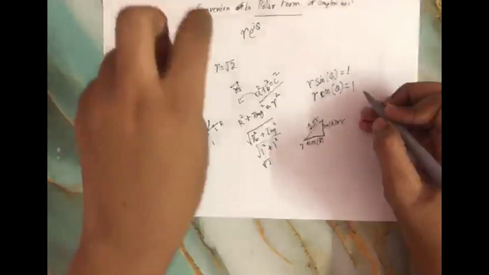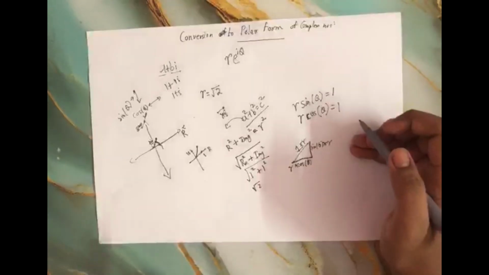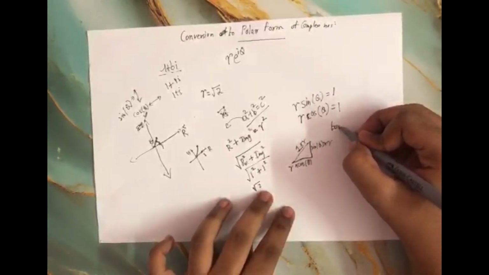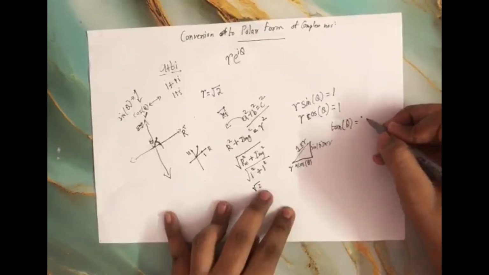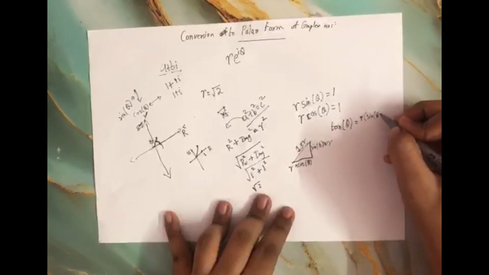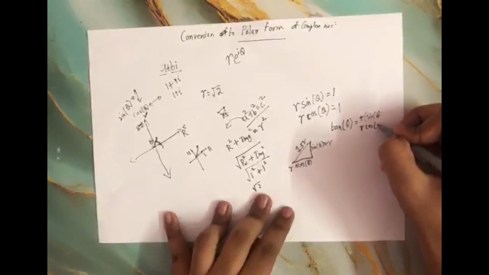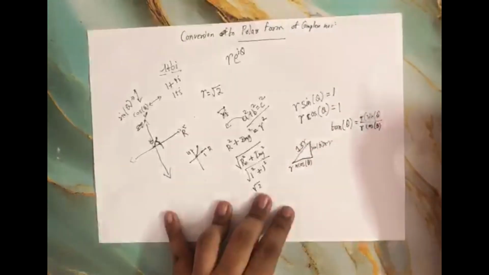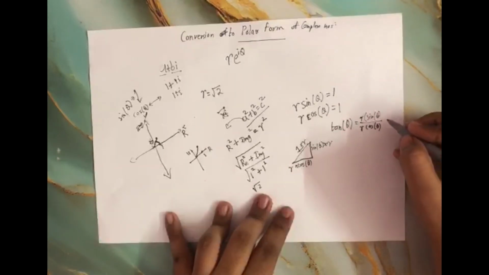Now we have to find a formula which can combine these as one single formula, which is tan theta. As we know, tan theta is just sine of theta divided by cos of theta. So you take r sine theta and r cos theta and divide them. Since r and r cancel each other out, the formula doesn't change. The answer is 1 by 1, or just 1.